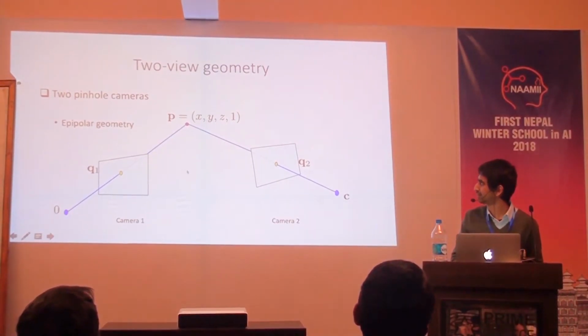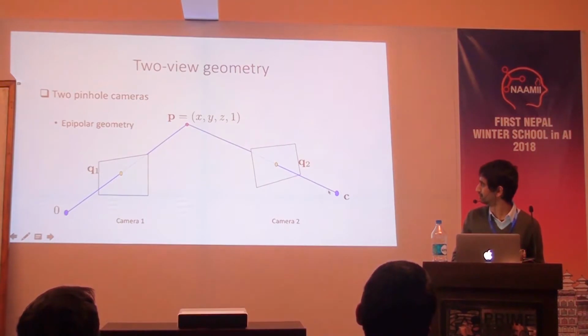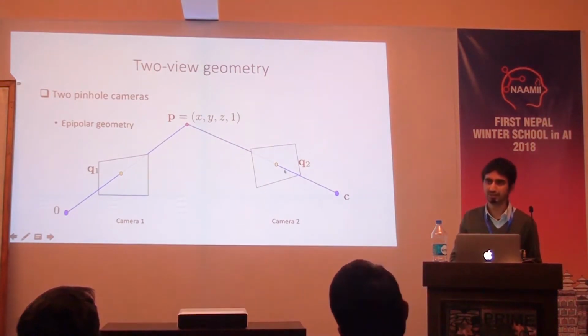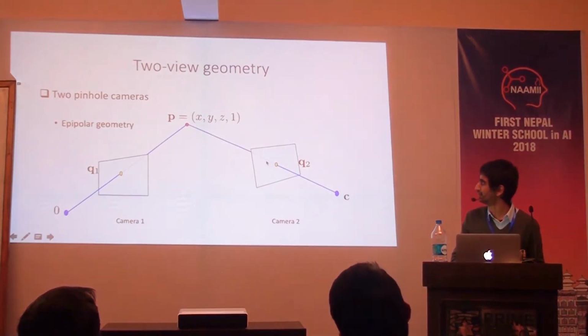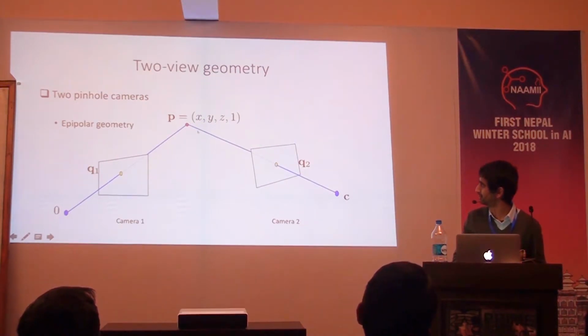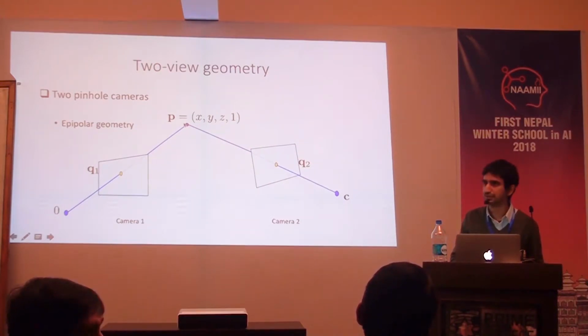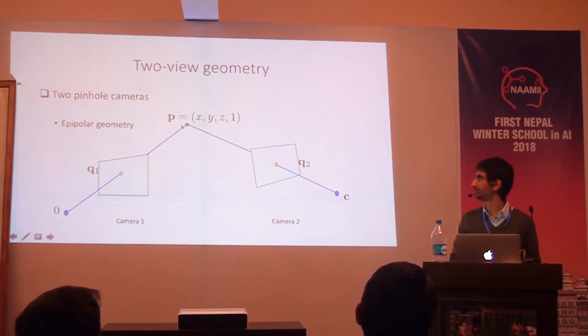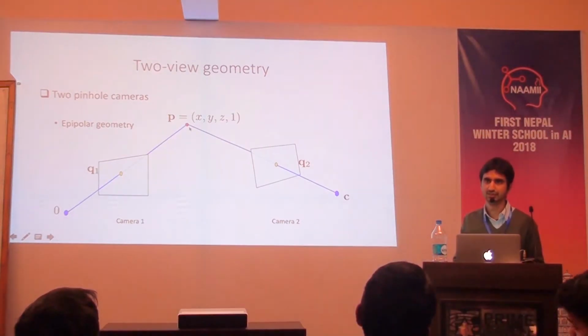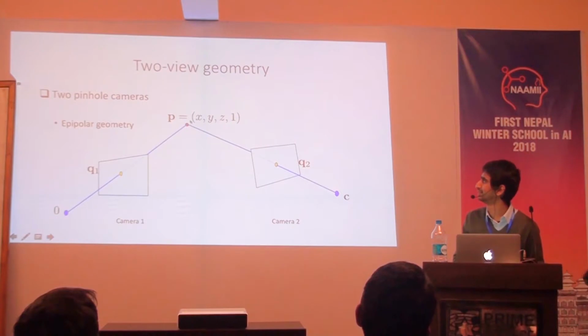So now if you have two cameras with locations you know perfectly, and you know that the same 3D point is projected here, then the 3D point should also lie on the line of this camera. So you have a solution to the 3D point directly, geometrically. Is everyone okay with this?